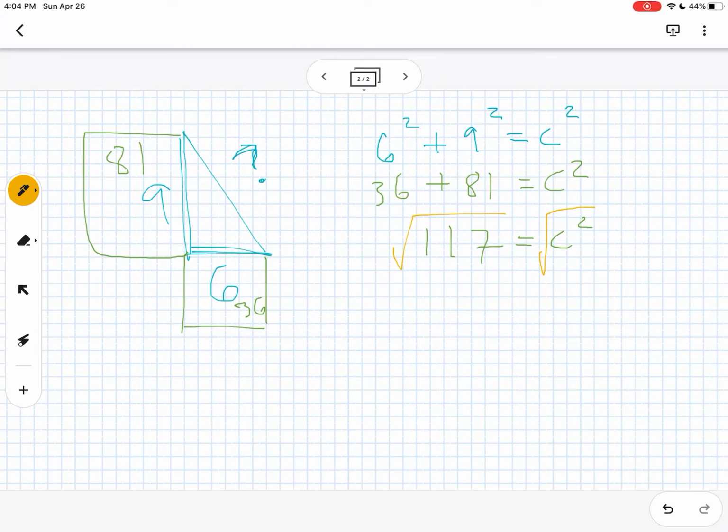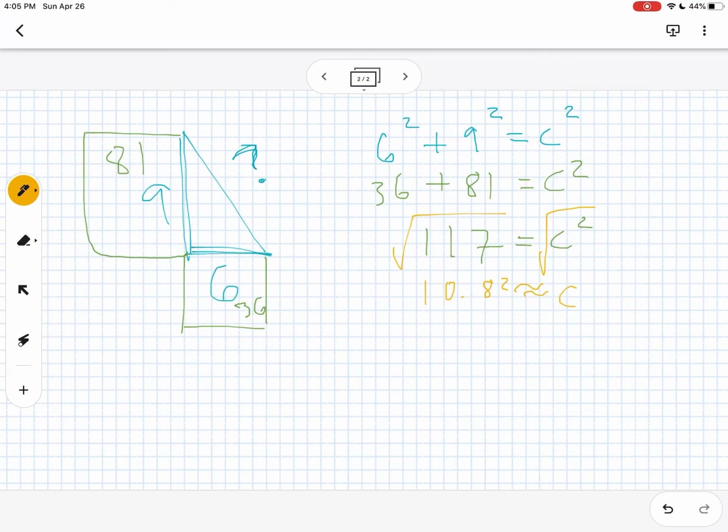You're going to press the scientific button. Then in there I'm going to do square root of 117. Sorry, I can't show this to you. It says that C is, and I'm going to round here because it's an irrational number, so it goes on forever, 10.82.